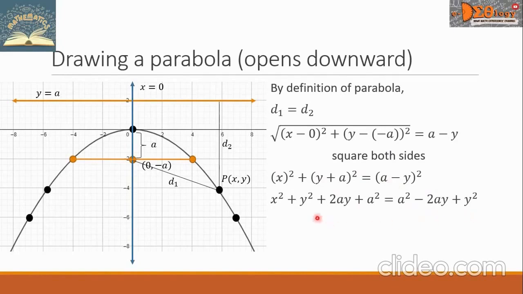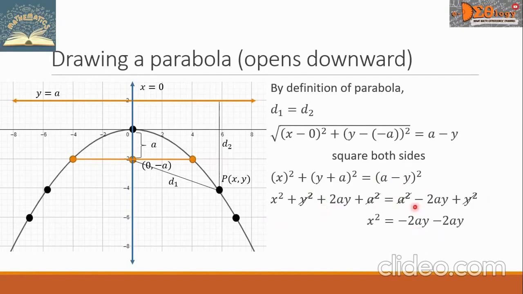We can see here that there is y squared on the left side and y squared on the right. So we can cancel these terms. Also, there is a squared on the left and another a squared on the right that we can cancel. So what remains now on the left side is x squared, and this positive 2ay we will transpose on the right. So from positive it becomes negative.